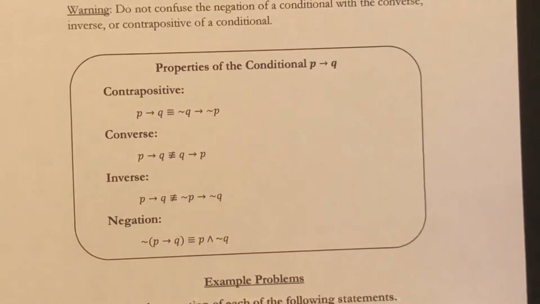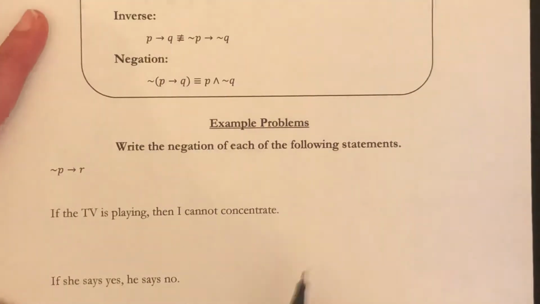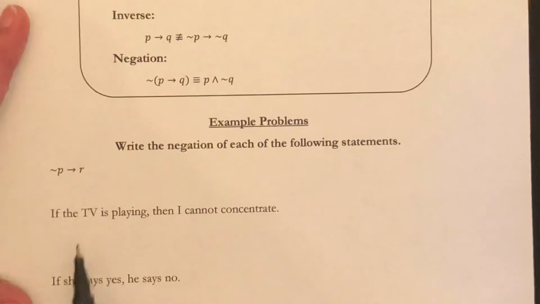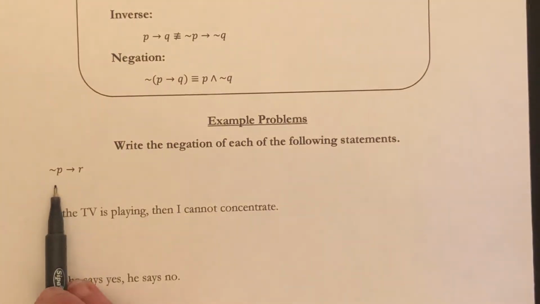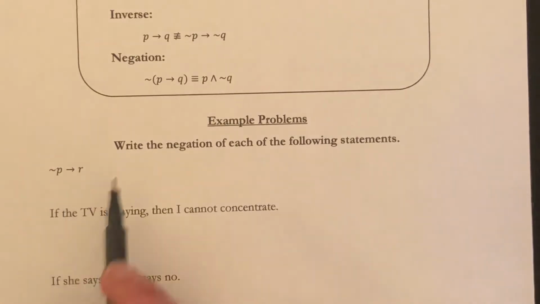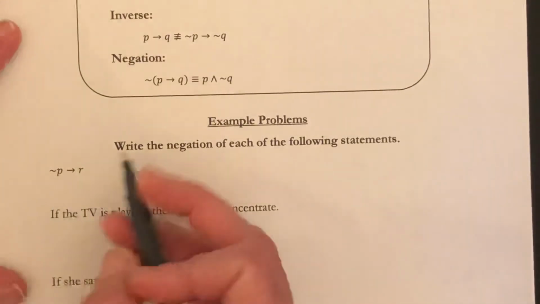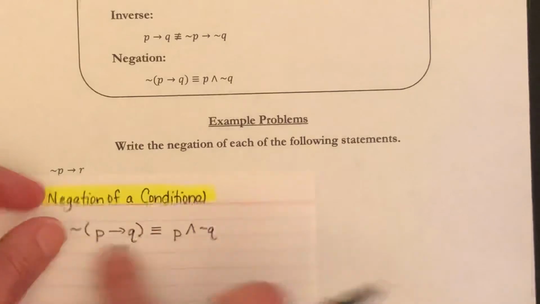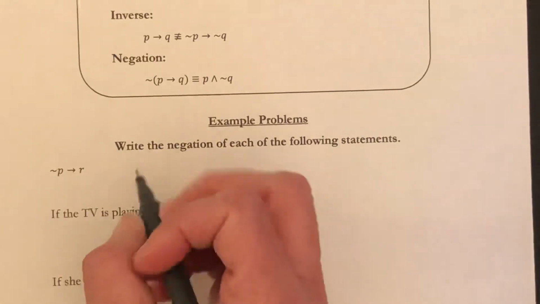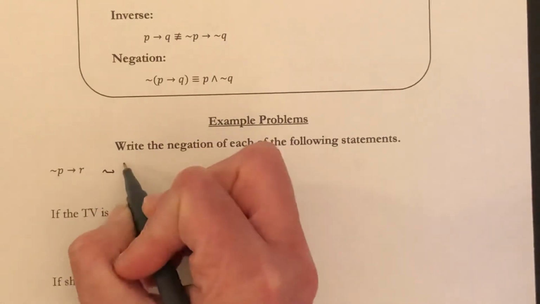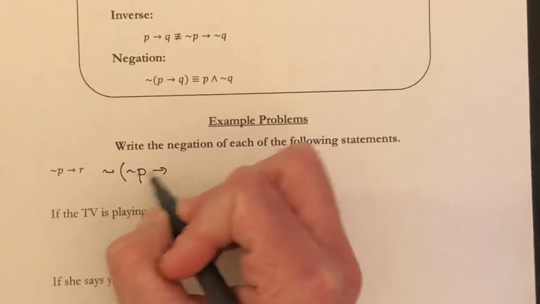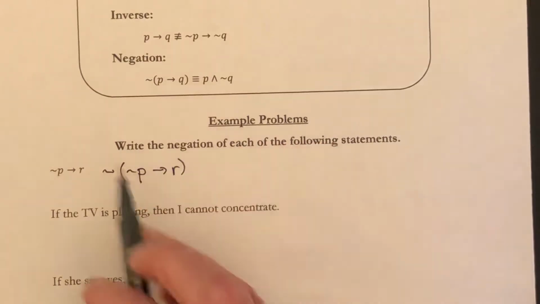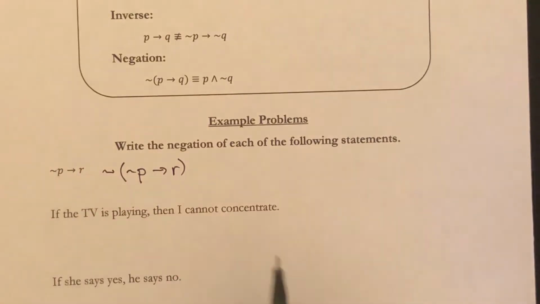So let's look at an example problem or two. We are asked to write the negation of each of these. Now here it's in symbols already, which makes it a little bit easy for us. Our rule says, to find the negation of it, I'm just going to put a not in front of, if not P, then R. So I'm negating this whole thing right here.